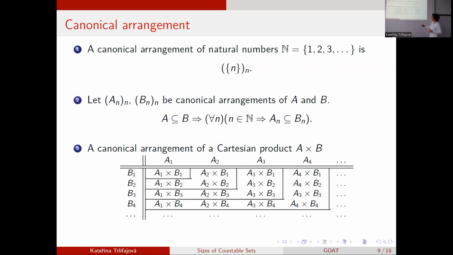If a set A is a union of components A1, A2, etc., and the set B is a union of components B1, B2, etc., then the first component of the Cartesian product will be A1 times B1. This is the second component, this is the third component, and this is the fourth component, etc.